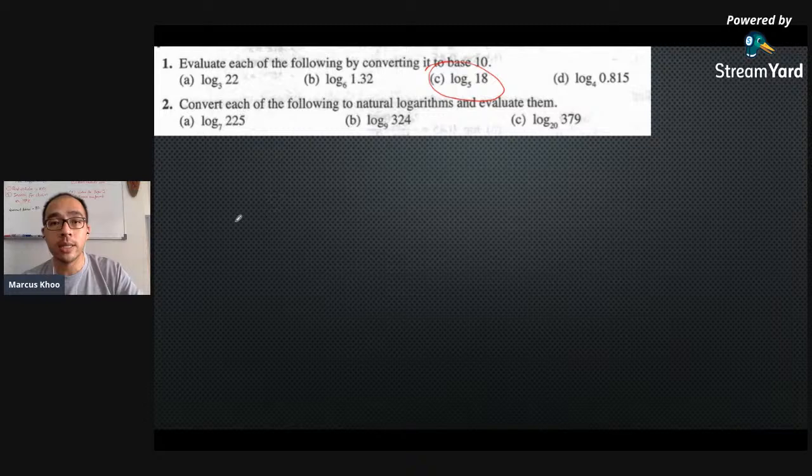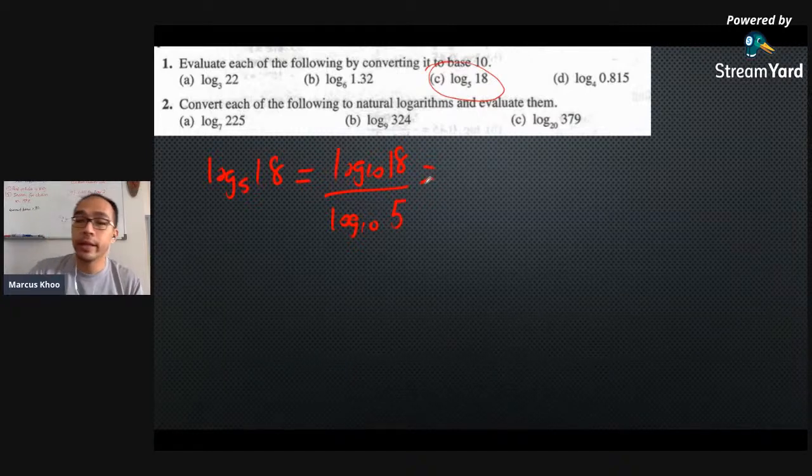I'm just going to do question C. Log base 5 of 18. If I want to find the value, I use log base 10 on both sides. The number on top, I put 18. The number at the bottom, I put 5. Then I press log 18 divided by log 5.